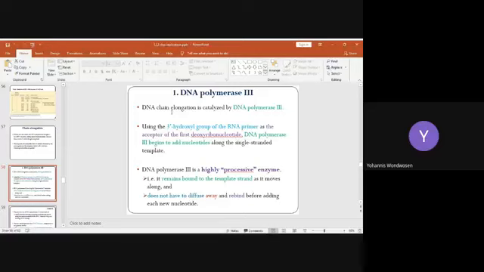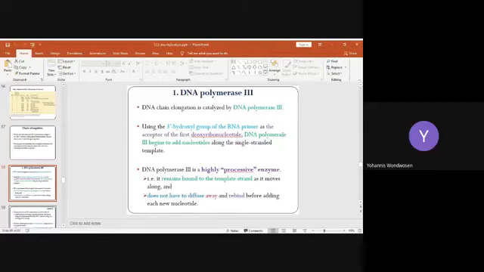As I told you before, DNA chain elongation is catalyzed by DNA polymerase 3. It uses the 3' hydroxyl group of the RNA primer, because the RNA primer is the one which can be used to start new DNA synthesis on the DNA structure. The acceptor of the first deoxyribonucleotide is an RNA primer.